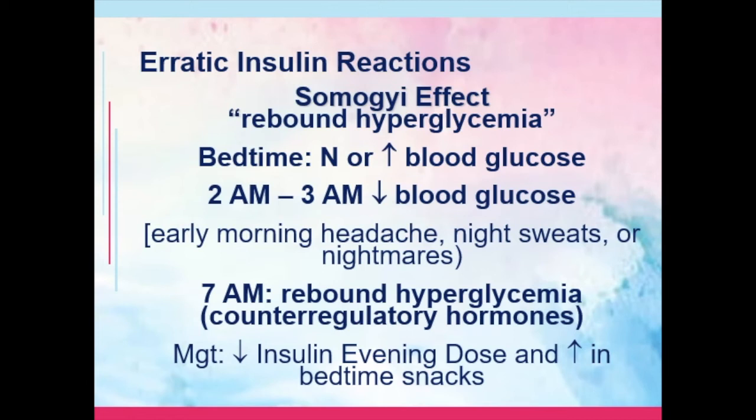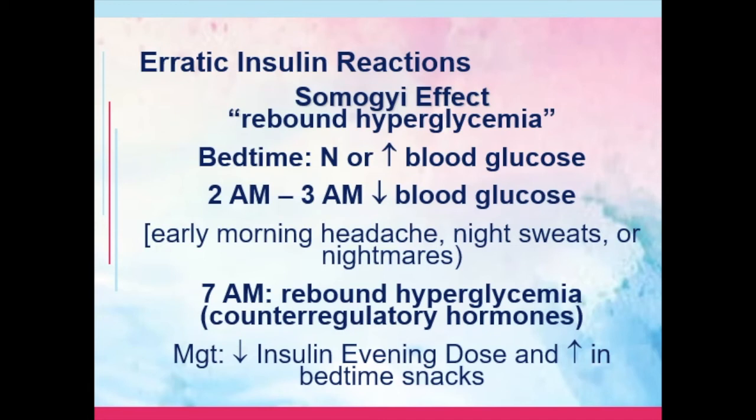How come rebound hyperglycemia? The body was able to detect that there is a decrease of glucose. So as a counter-regulatory hormone, which might be the effect of your glucagon, there is an increase of your blood sugar levels at around 7 a.m. So, how do we address this now? The management for this is to decrease the insulin evening dose.